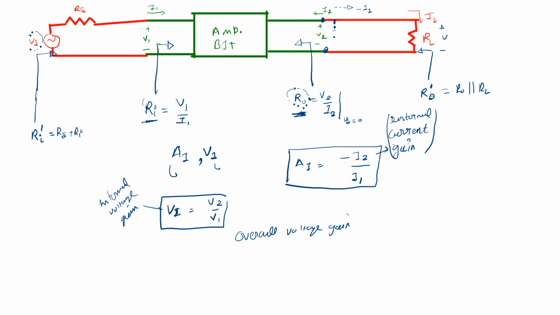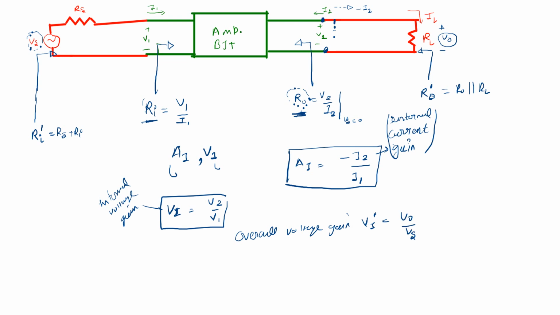So what is the voltage? This is the V naught, you can say. So overall voltage gain means the V naught, the output load voltage, upon this is the source voltage. So can say VI dash, that is your the V naught over Vs.